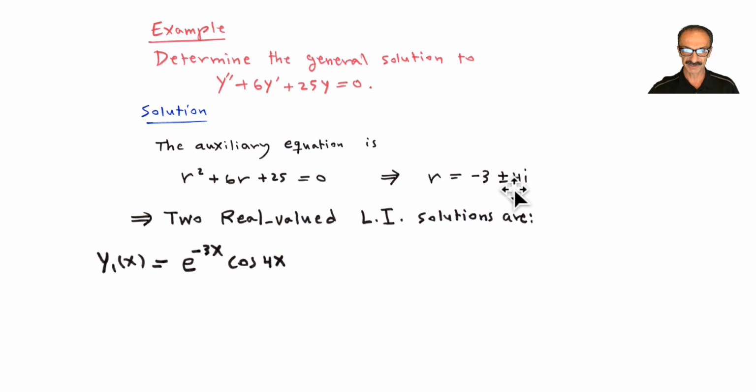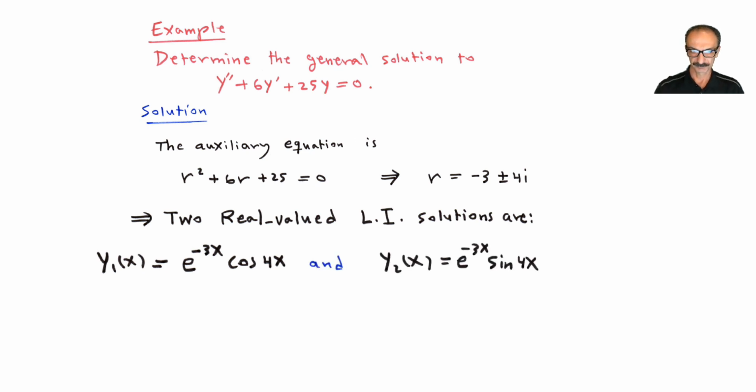Roots are a plus minus bi. Since you see the first one, the second one becomes so handy. Y2 is e to the power minus 3x sine 4x. So in case you have complex roots, this is a quick way to write two real solutions.